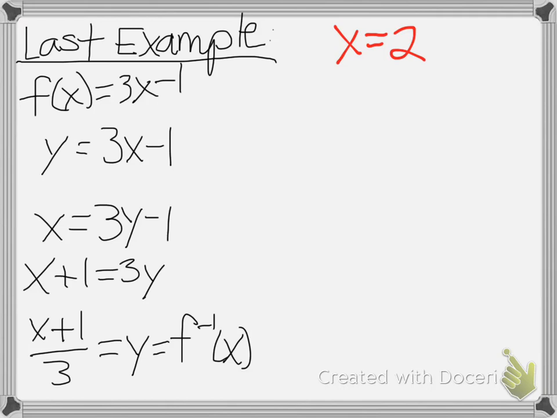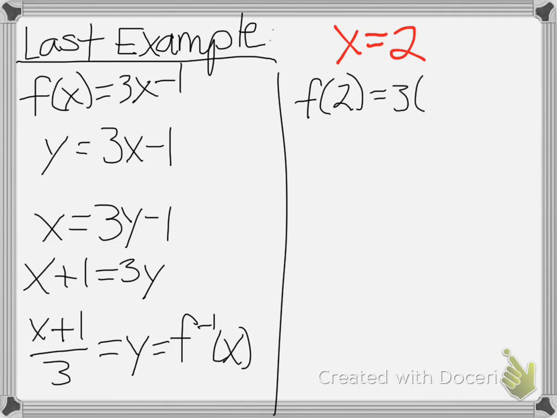So, just like we did before, we're going to have 2 plugged into our original function. So it would be equal to 3 times 2 minus 1. So you would get 6 minus 1, which is equal to 5. So now plug in this value right here into our inverse function.